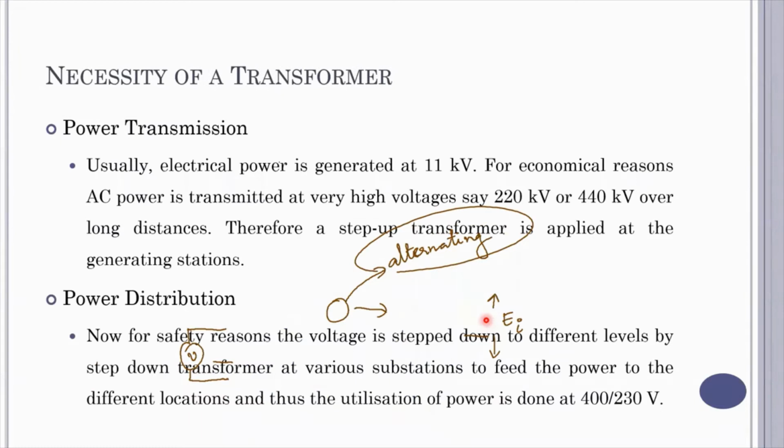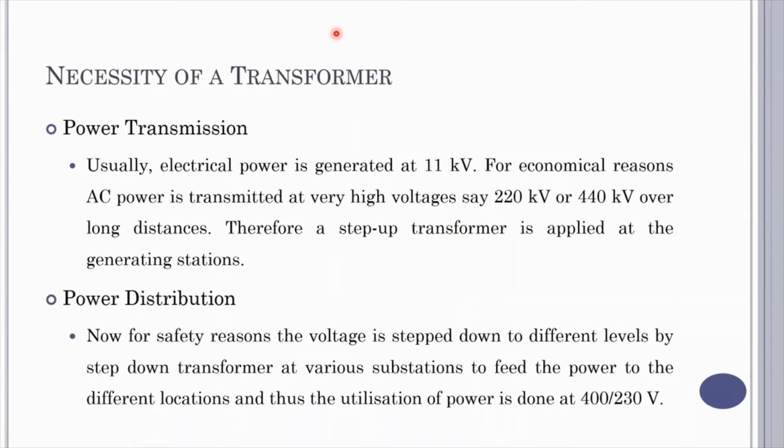Now let's discuss the necessity for having a transformer. We have a transformer in order to transmit power from one location to another location. Generally, when transmitting power through the lines, if the voltage is very low, then we might have more losses along the transmission line.